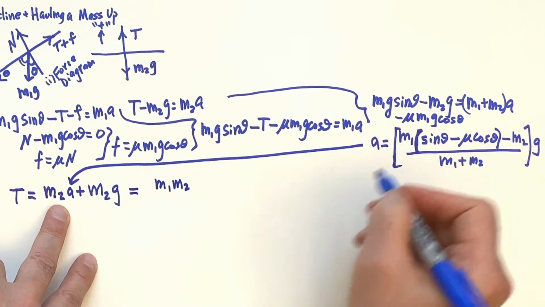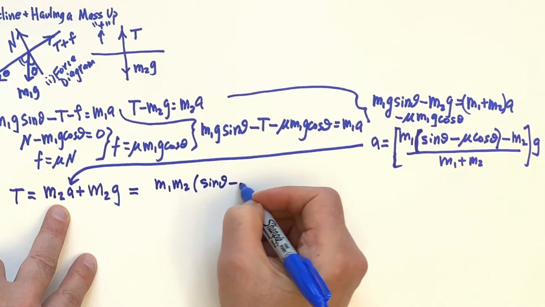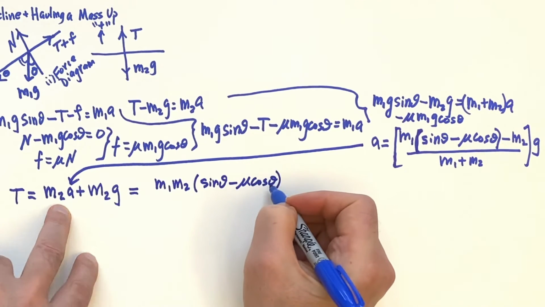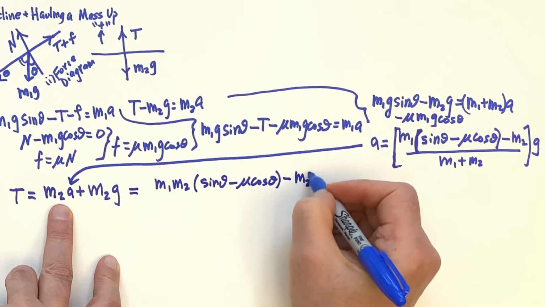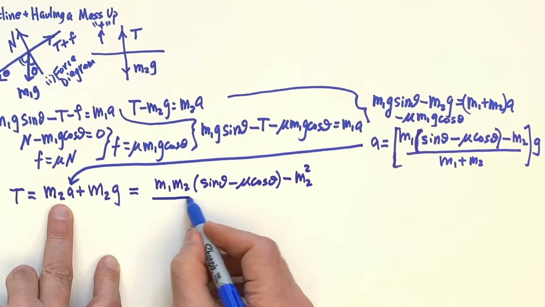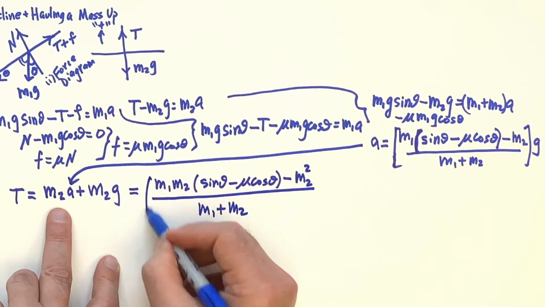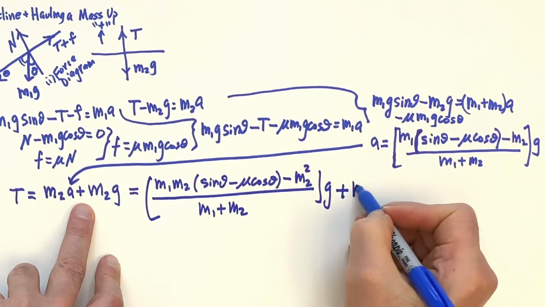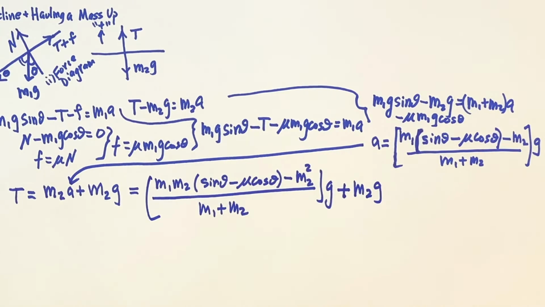When the M2 hits that M1, you're going to have the product, and that's going to be sine of theta minus mu cosine of theta. And then when that M2 hits over that second term, you get then the minus M2 squared. That's all over M1 plus M2 times G, and then we're going to have plus M2G.